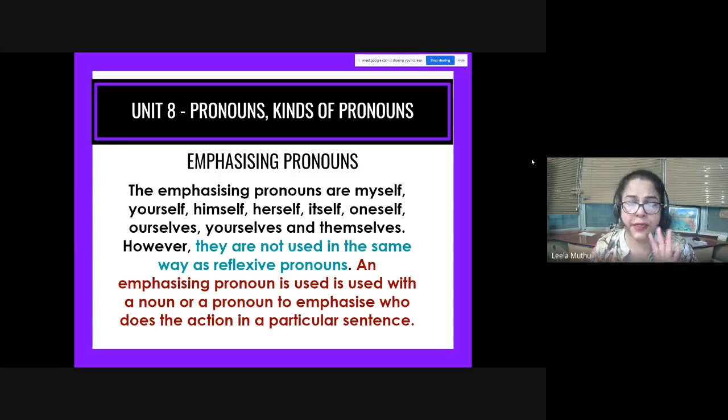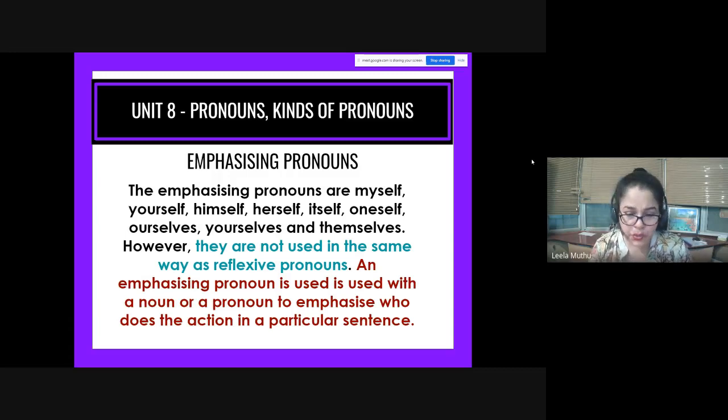All right. So now, these same pronouns are used in emphasizing pronouns, but they're used in an entirely different way. Now, children, many of you may get confused in this. Even I got confused initially when I heard about it for the first time. It's kind of confusing, but when you really understand what an emphasizing pronoun is, it's really simple.